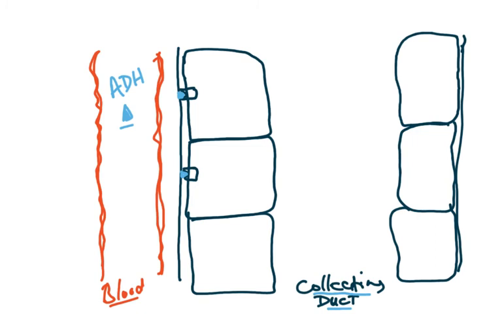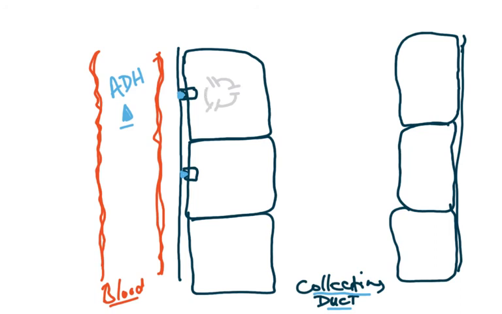Now this results in a series of changes and a signaling cascade. What is present inside the cells are aquaporins. Aquaporins are special channel proteins, which were inside the cell in vesicles.